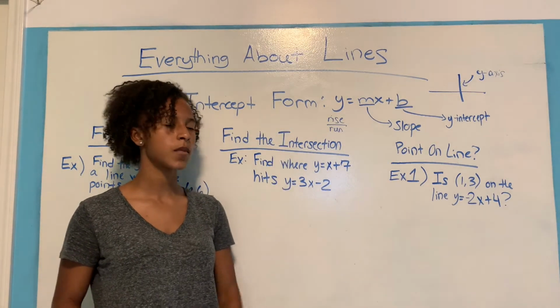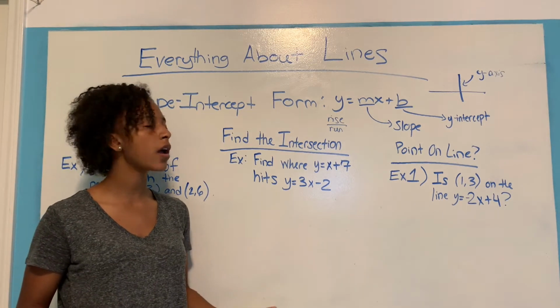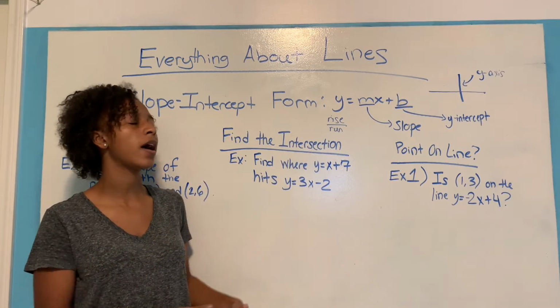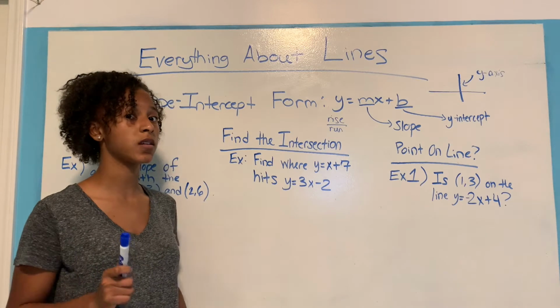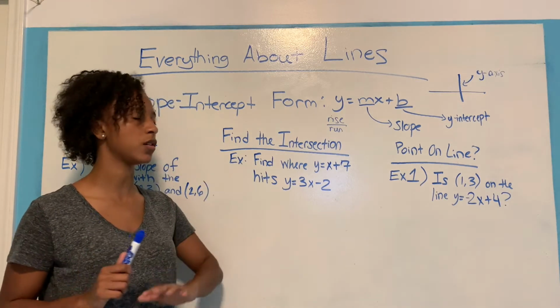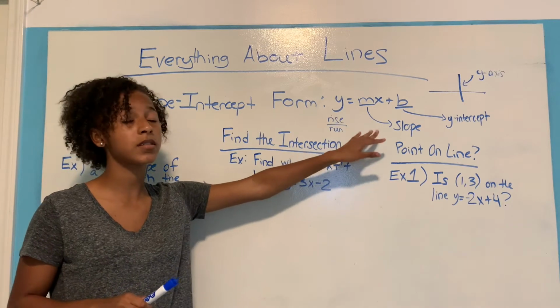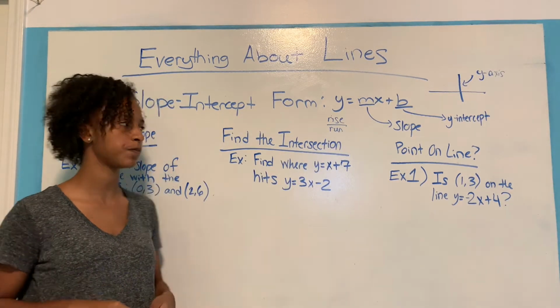Not every slope is unique to the line, but any lines that are not parallel have different slopes. If they say the lines are parallel, that means they have the same exact slope. This is a trick you need to use on the SAT and ACT. Remember that because it comes up on a lot of problems.